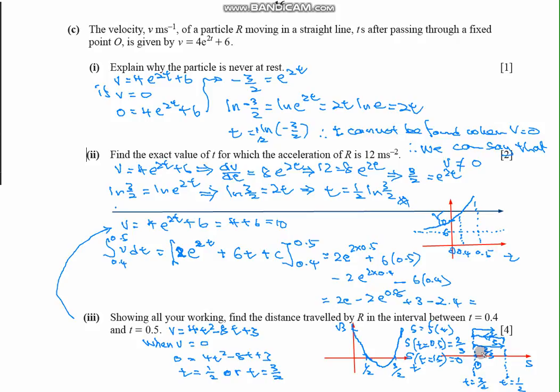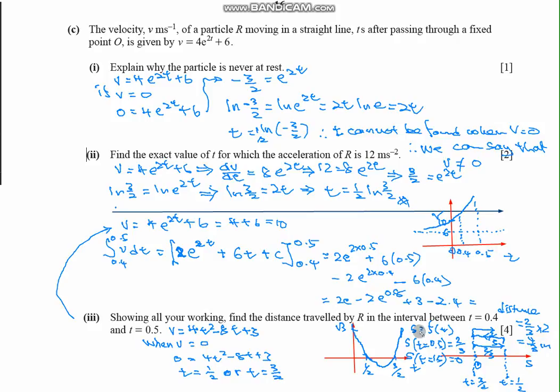So if you want to find the distance from t equal to 0 all the way until t equal to 3/2, then you take 2/3, which is from here to here, times 2. So the final answer for the distance is 2/3 times 2, which is 4/3 meter.